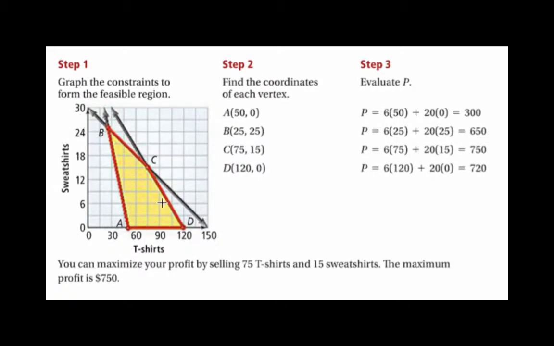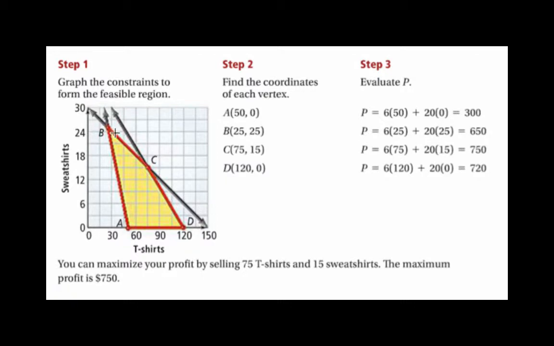Now again, we have lots of possible combinations here that we could examine, but we're only going to examine the vertices. So find the coordinates of each vertex. Now, we've got to use some different techniques here to find these vertices. When we have two lines, we might have to solve a system.